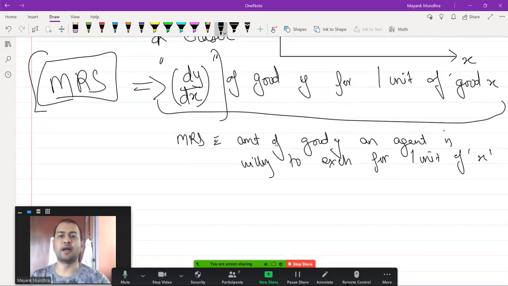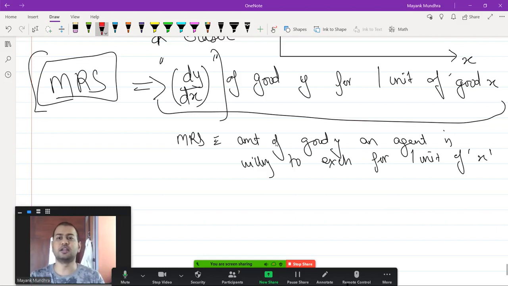Now generally what happens is, when both commodities are good, to keep you indifferent, one of the goods is going to be given and another good is going to be taken. The good which is being given comes with a negative, the good which is being taken comes with a positive.